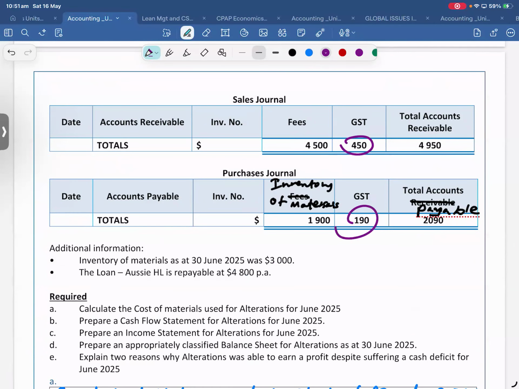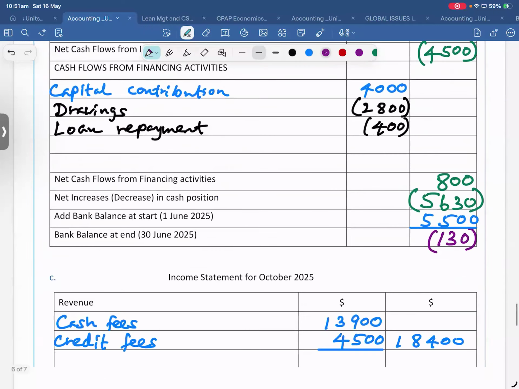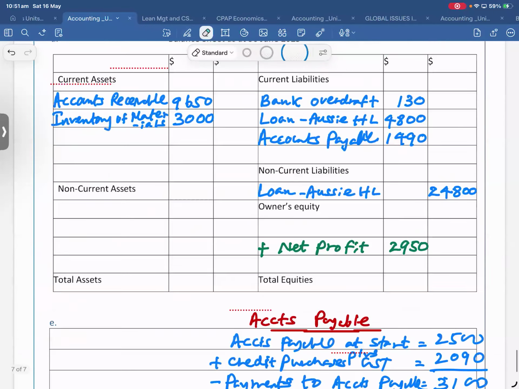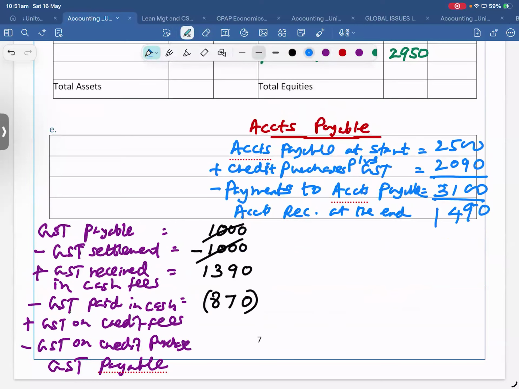Now 190 is paid. Then we'll record those two, 450 and 190 within brackets.